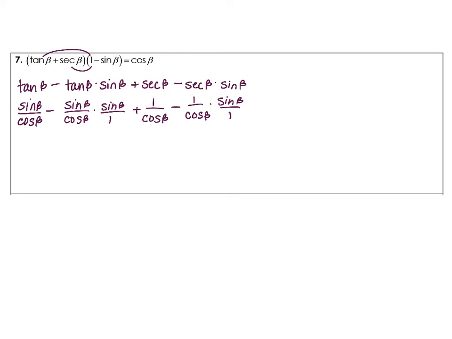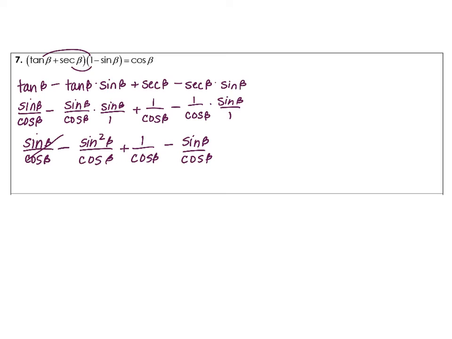All right, and let's multiply together what we can. And so we have sine beta over cosine beta minus, and then we're going to say sine squared beta over cosine beta plus 1 over cosine beta, and then minus sine beta over cosine beta. And it looks like we have two terms that are going to cancel, so yay.